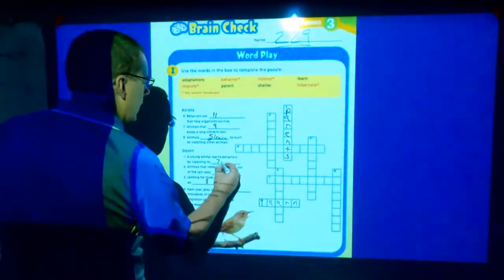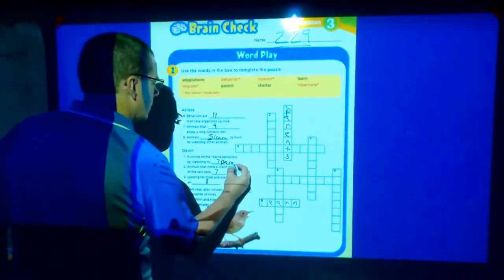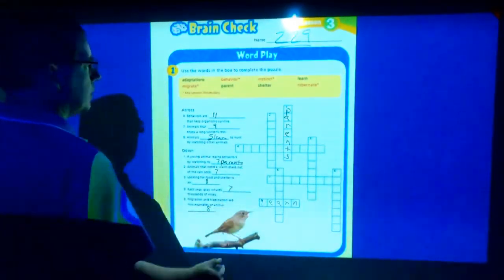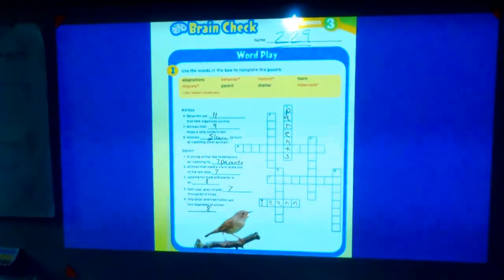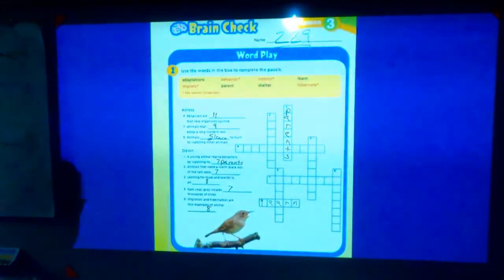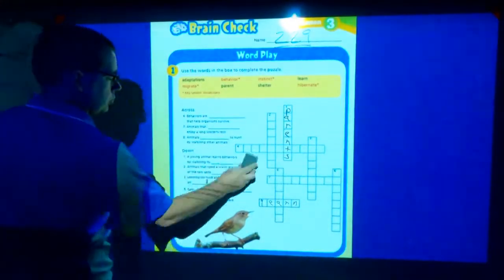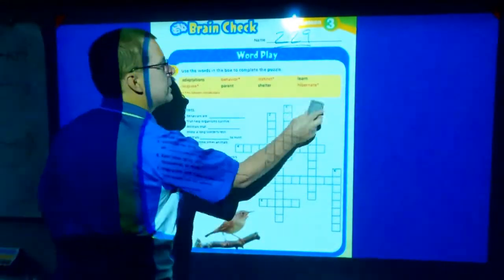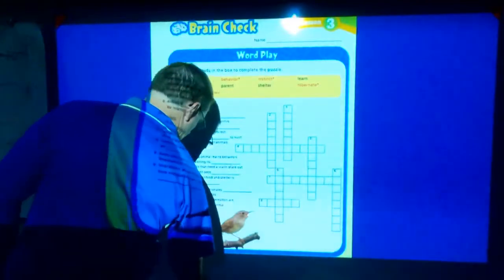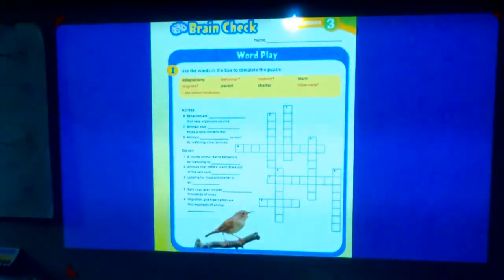So you have the rest to do on your own sometime today. So go back and look through the lessons, find the right answers, put them in, and we're cruising on because we have to.